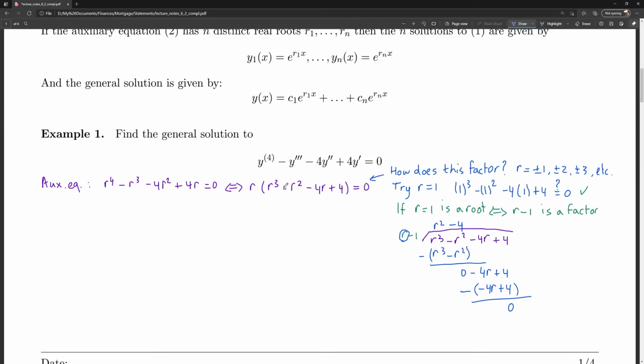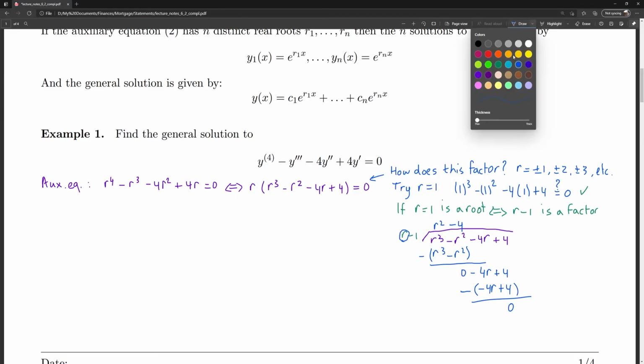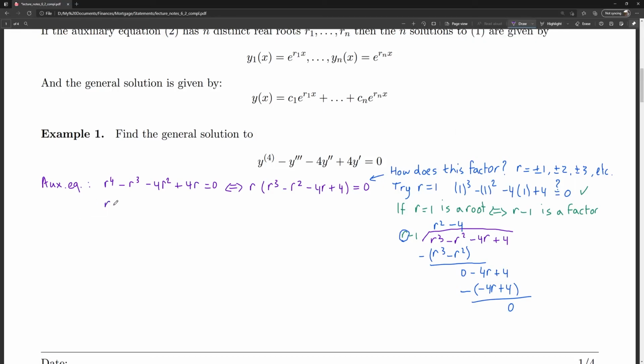And so when we now look at our auxiliary equation, we can replace that by the following. So this now is r times r minus 1 times r squared minus 4, and we're still setting that equal to 0.